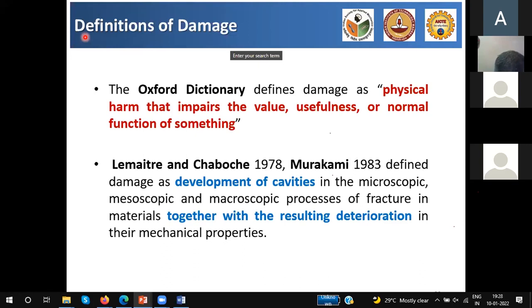Or at a different level, when they talked about damage earlier, they talked about development of cavities and so on, which will result in deterioration. Basically, they talked also of dravya in terms of how a solid is something that will put everything together, it retains its shape, etc., at a broad level.